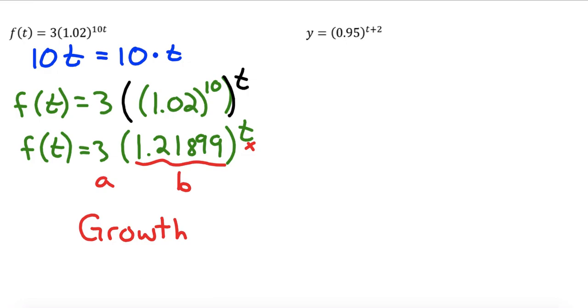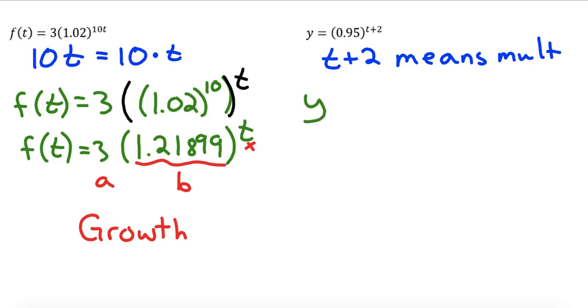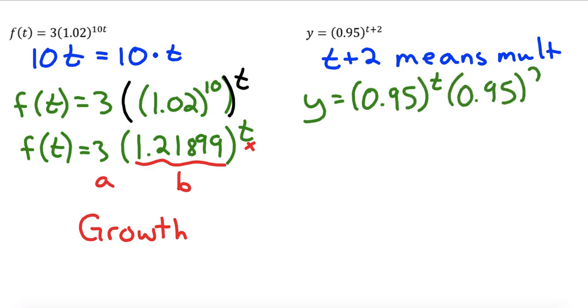Okay, so this last one, our exponent is t plus 2. In which situation do we add the exponents? Well, that's when we're multiplying. Subtracting was division, adding is multiplying, and multiplying is power to a power. So let's write it that way. y equals 0.95 to the t times 0.95 squared.